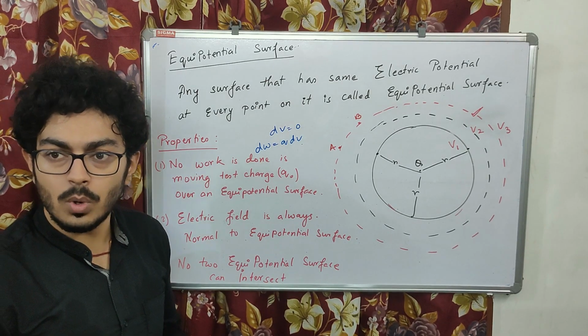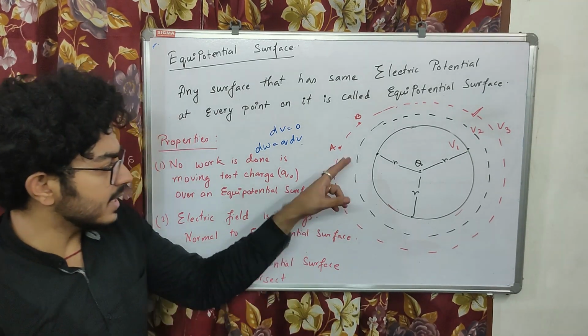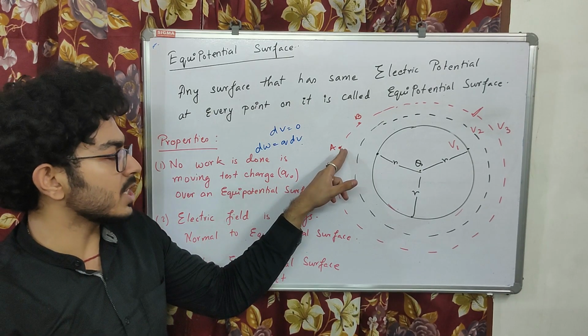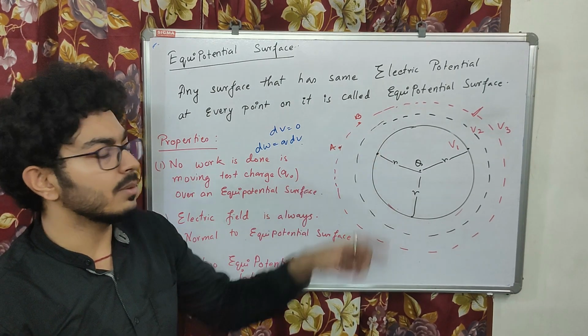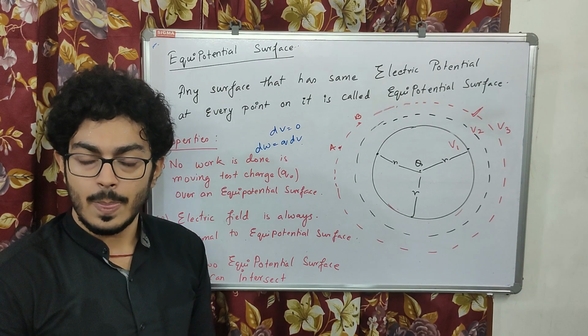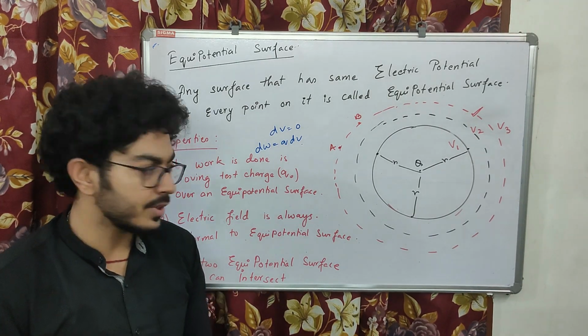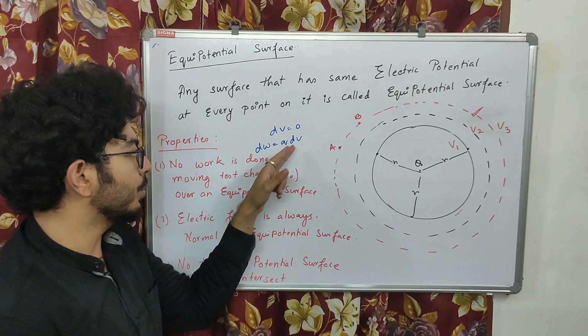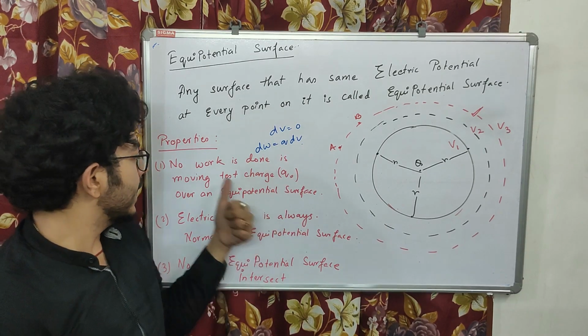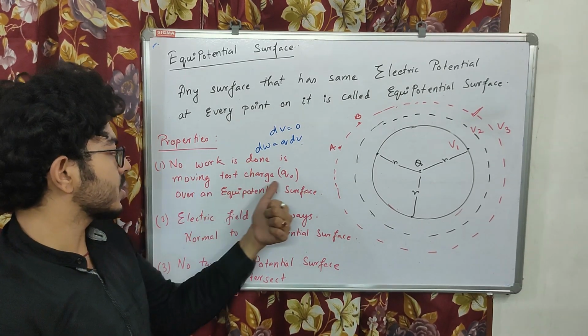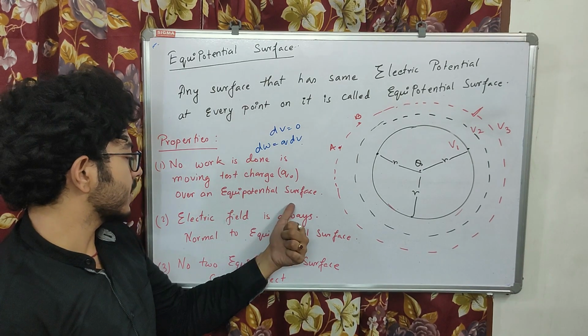Why is no work done? Because there is no change in electric potential if you move from A to B. Because this is an equipotential surface. The potential remains the same throughout the surface. So dW equals Q dV, right? So it says no work is done in moving a test charge over an equipotential surface.